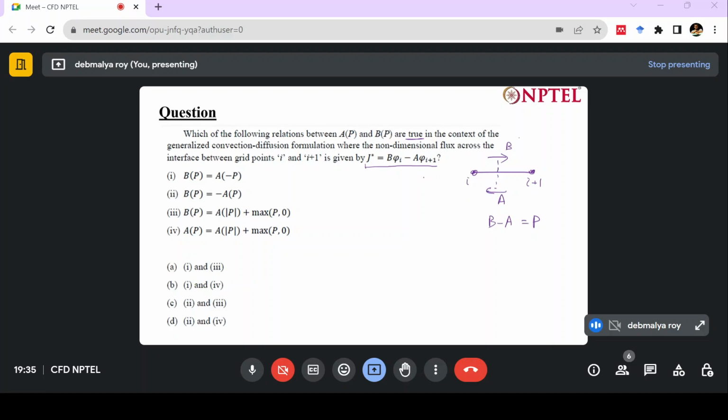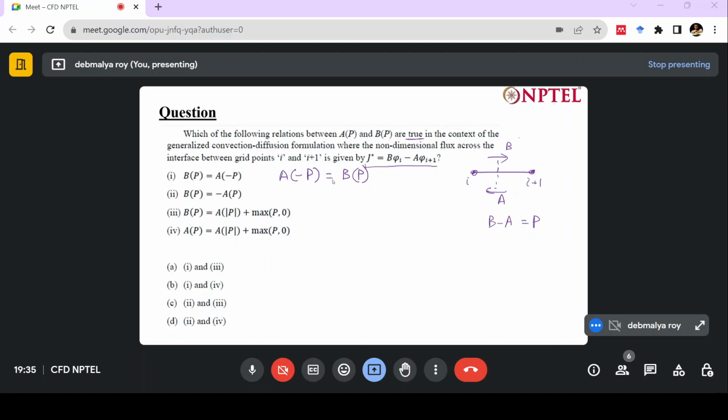Whatever from i plus 1 comes to i will be the same as B. So A for minus P, that is a reverse flow, will have B plus P. This contains some advection plus diffusion, and this also contains advection plus diffusion.